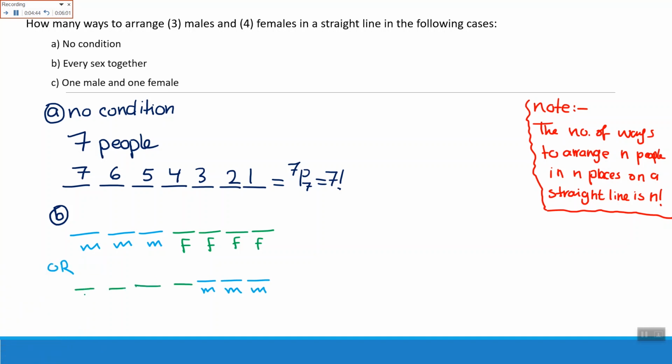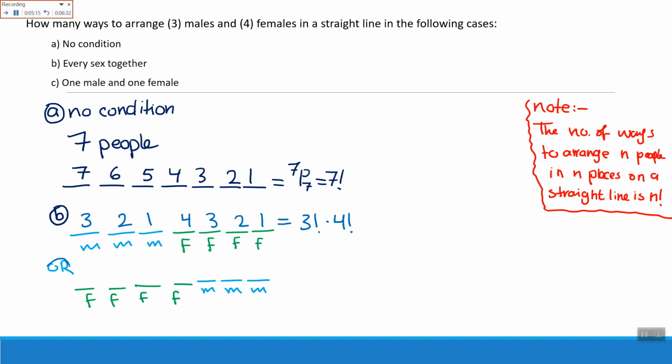So we actually have 2 ways to do it: either putting the males first and then the females, or doing the opposite. If we put the males first, then here we have 3 options, 2 options, 1 option. For the females, we have 4, 3, 2, 1. And the answer is going to be 3 factorial multiplied by 4 factorial.